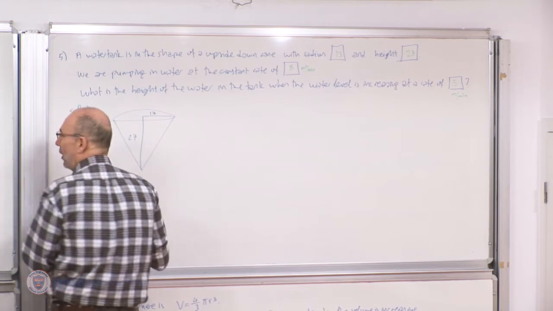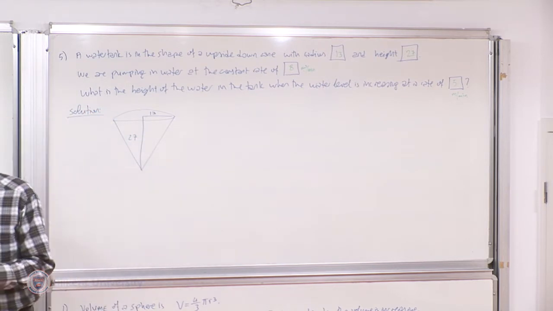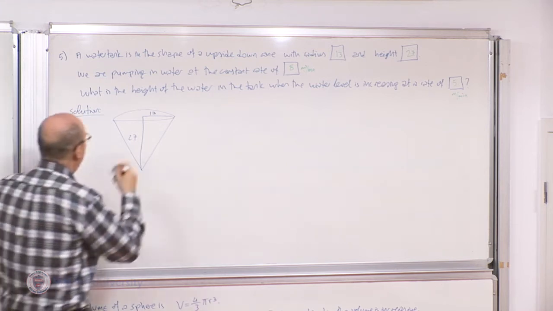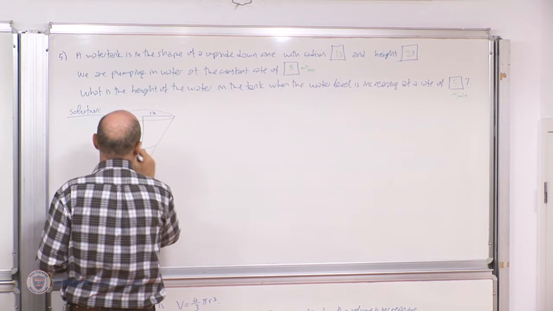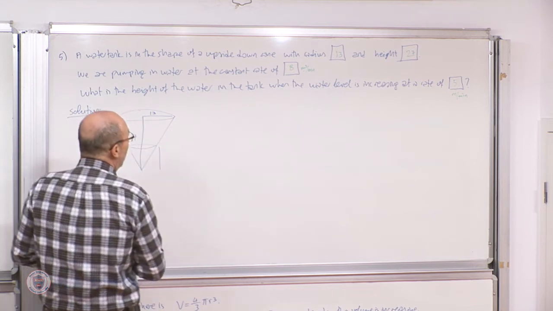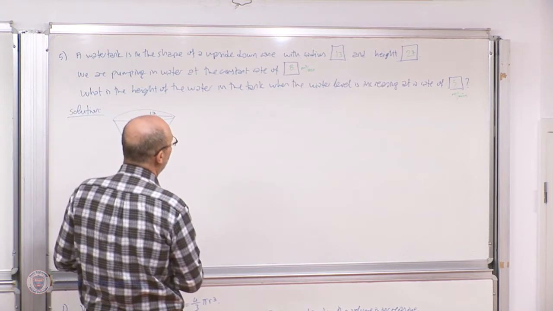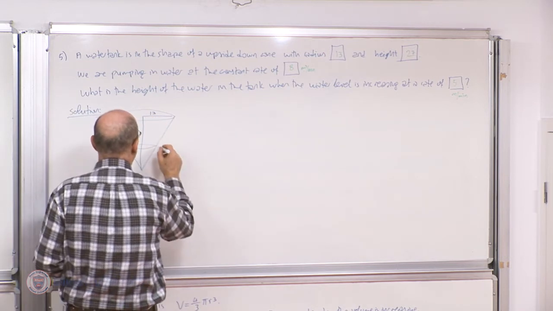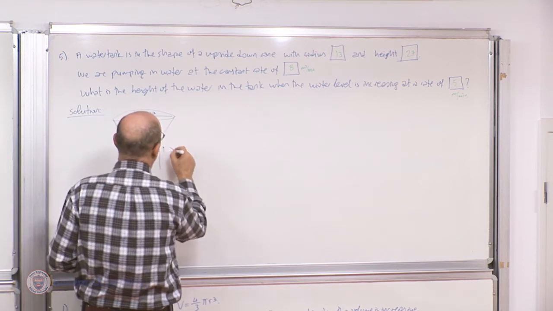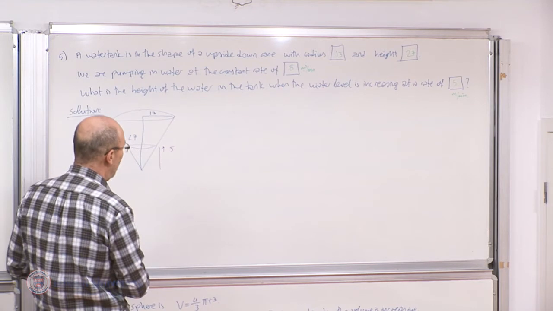And we have water level here. Here we have some water level. This part we don't know. But we know that this is increasing at a rate of 5 meters per minute.